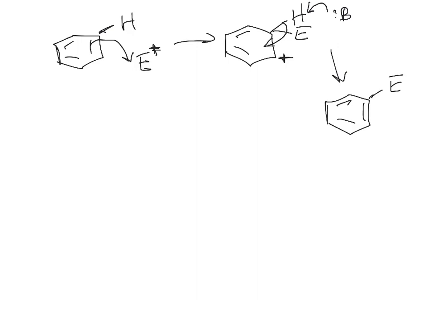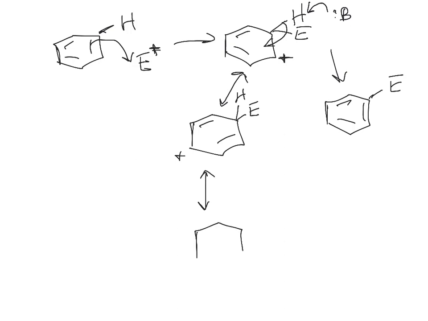You'll notice in the intermediate here we have a carbocation. This carbocation can undergo resonance, and so you can get the carbocation shifting over here, or the carbocation can shift up to here.